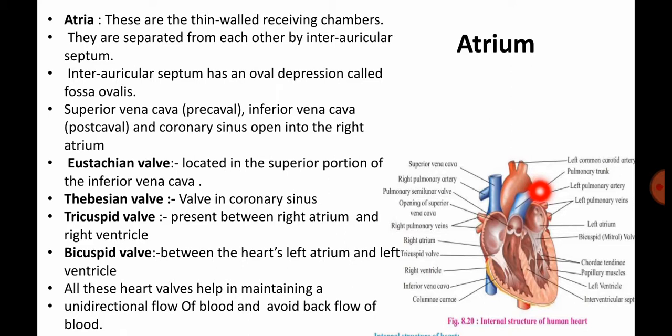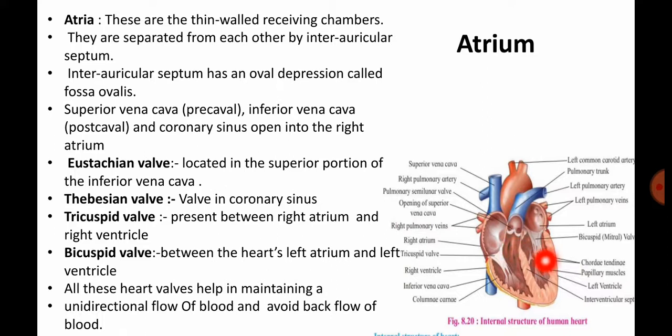So you can see here, this is the pulmonary artery, this is the left pulmonary artery, and this is the right pulmonary artery, which takes the deoxygenated blood towards the lung, where it gets purified. It also has valves, and those valves are called semilunar valves.